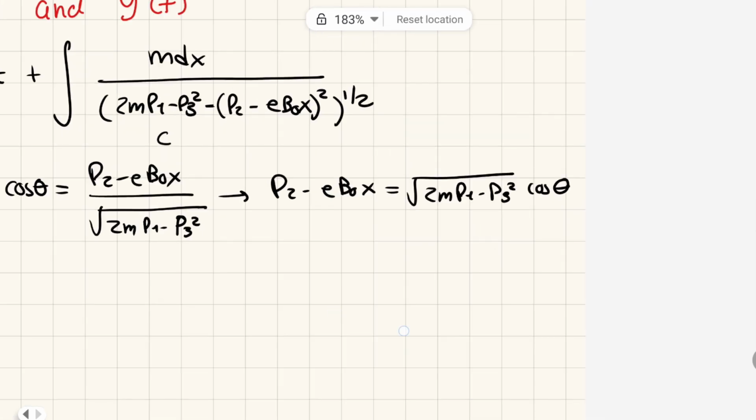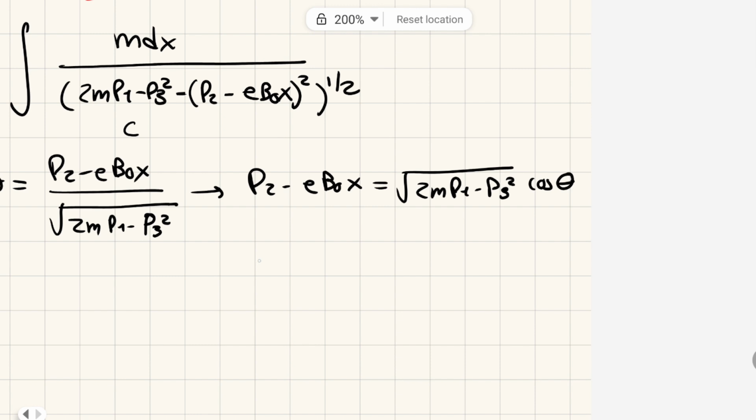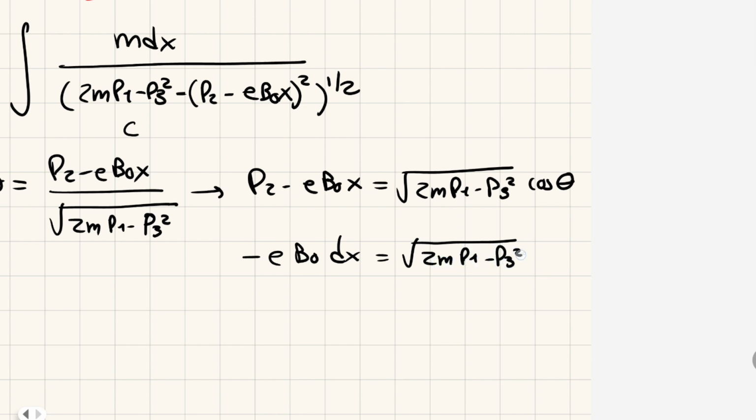Now we need to calculate the differential, this element of x, right? So if we do that, we are going to get minus EB0 dx, which will be the square root of 2mp1 minus p3 squared.